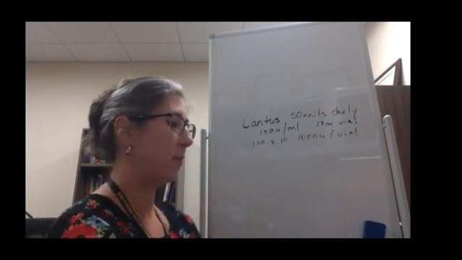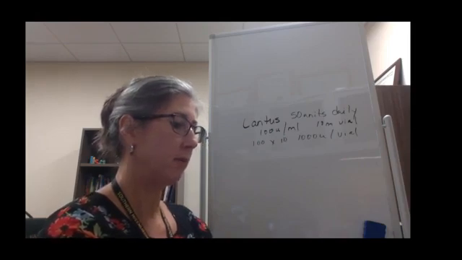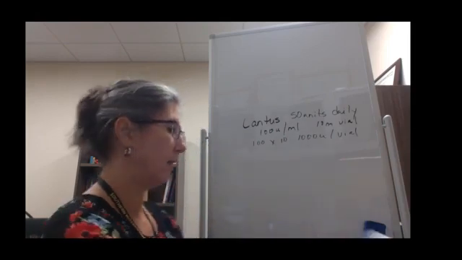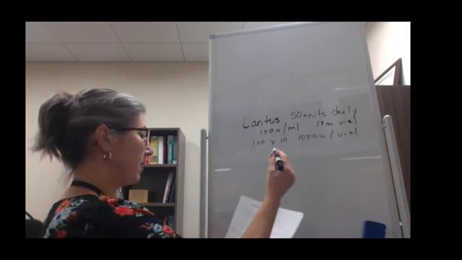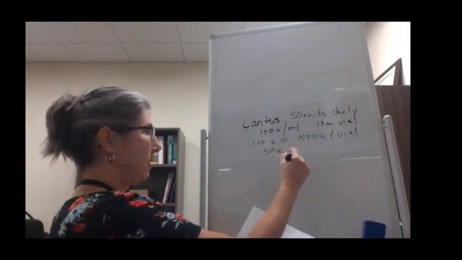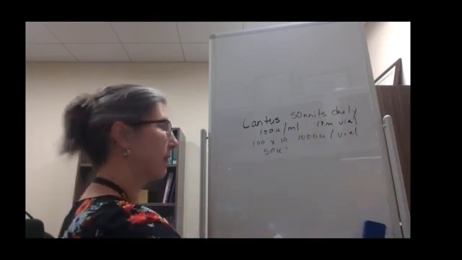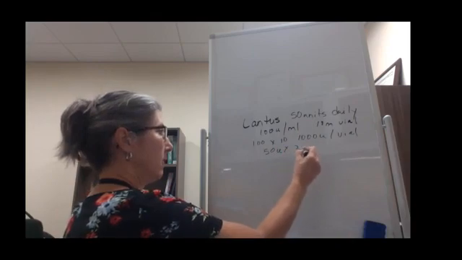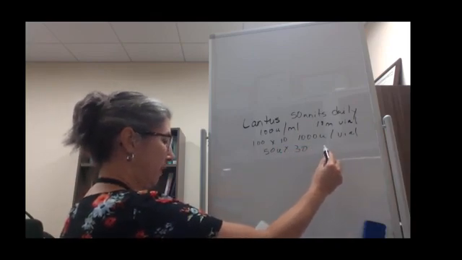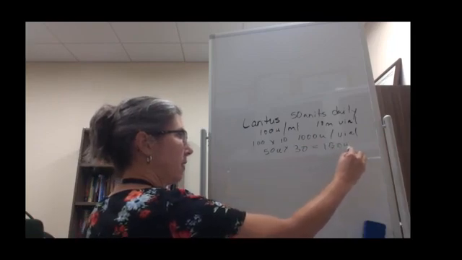So for this problem, there's 1,000 units per vial, and he takes 50 units a day, and we calculate that times 30 days. So 50 times 30 is, I'm sorry, I did that wrong, that's 1,500 units.